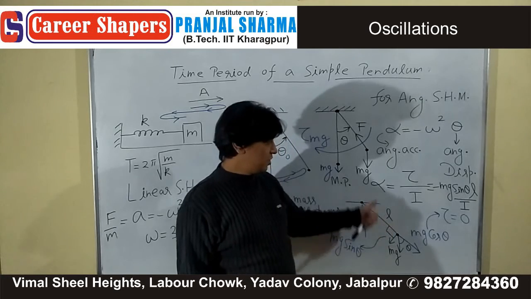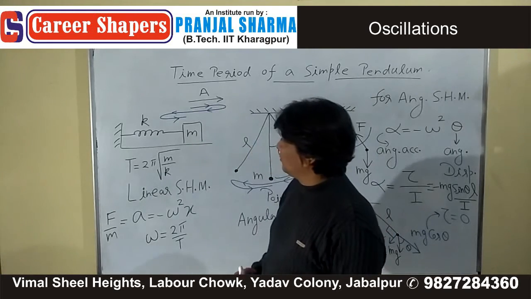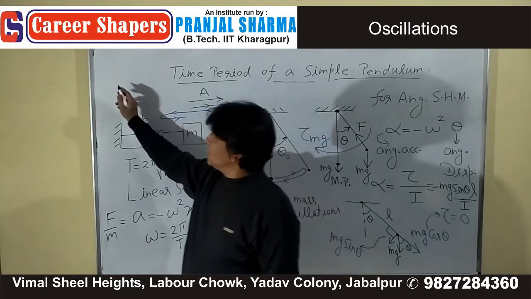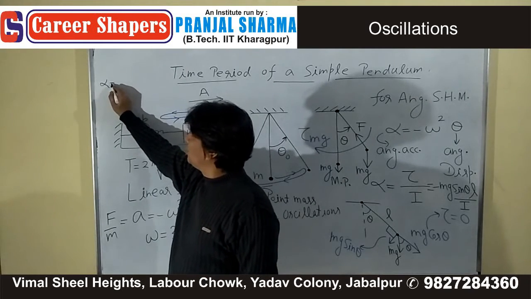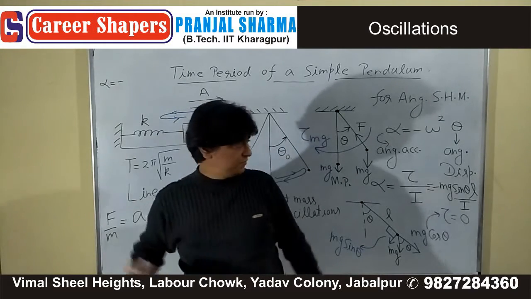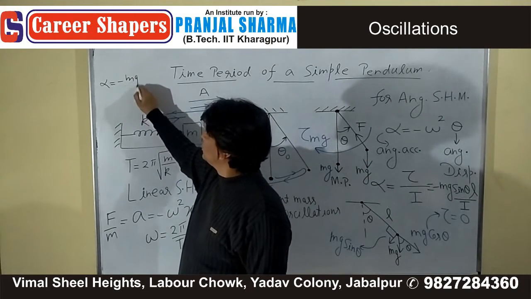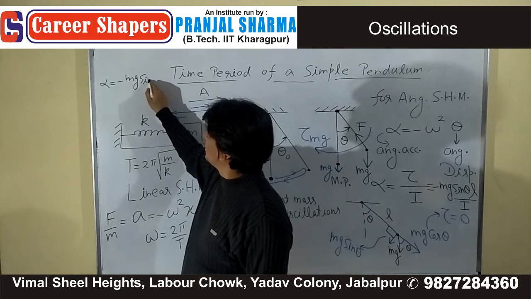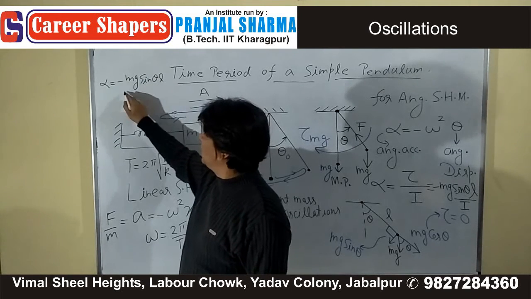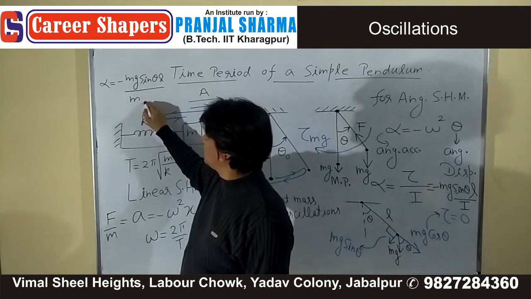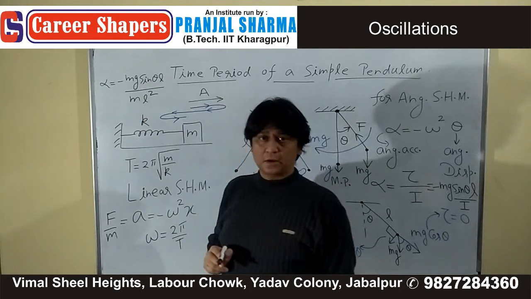L. And therefore this alpha becomes minus of mg sine theta into L divided by I, which is m L square.